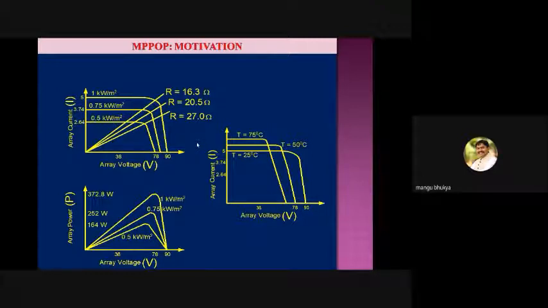Suppose generation is less, then they will see where the priority is less, and that load they will shut down, and they will balance the load power with the generation power. So they are changing the generation based on the load demand.